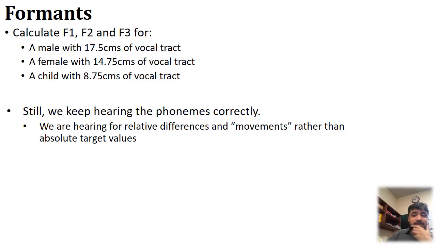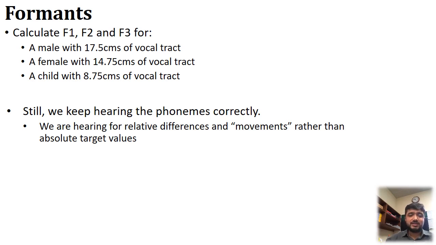Let's begin with a short exercise. Consider these three examples. You are given the length of the vocal tract for a male, in this case the average length of the vocal tract for average American males, the length of the vocal tract for a female, and the length of the vocal tract for a child. Obviously, these are just estimated and averaged out values.